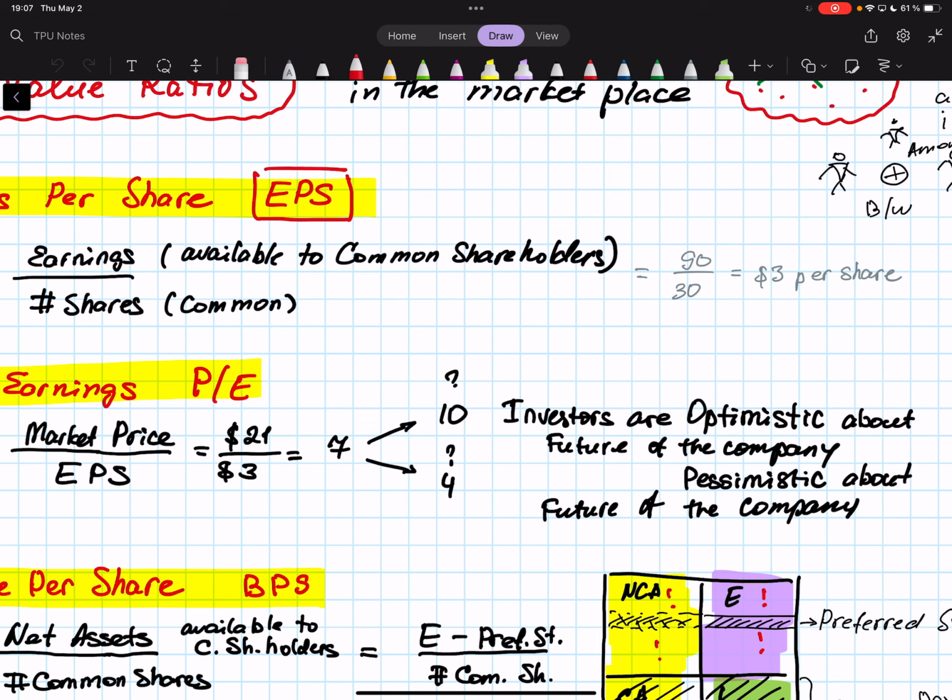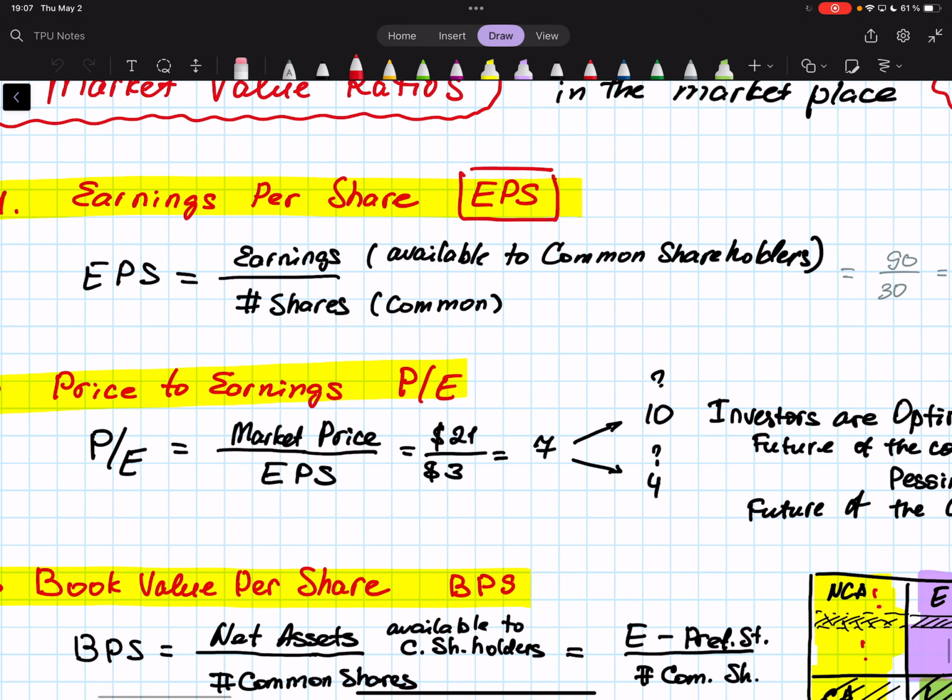So 90 divided by 30 was $3 per share. So it means that if I buy the stock, then after 1 year, I will get $3 per one share. So this is the EPS. So my stock is earning $3 per share. If I buy 10 stocks, I will be making $30.